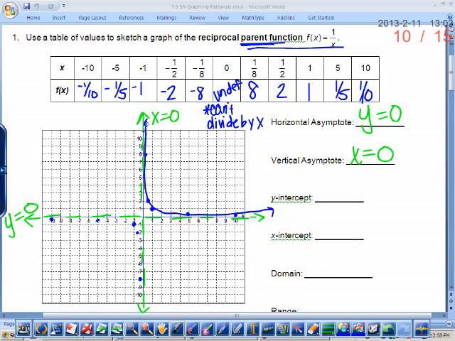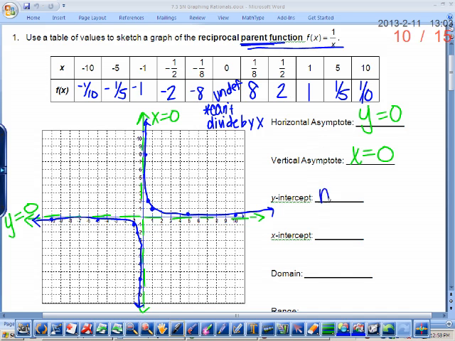Is this supposed to look like an inverse function? Like the inverse functions that we did last Monday, the variation. Yes, an inverse variation is modeled by a rational parent function. Okay, what's the y-intercept of this graph? There isn't one.